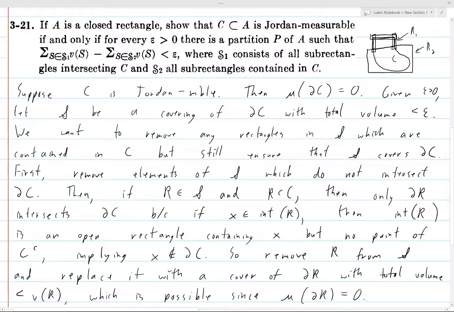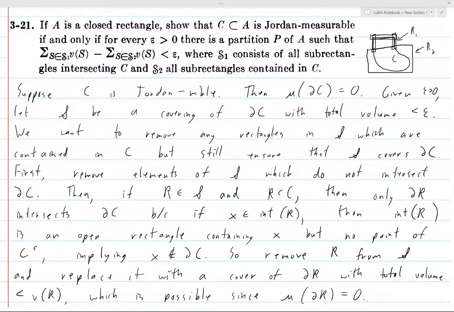I think this was an exercise: the fact that the boundary of a rectangle has measure 0. And if it wasn't an exercise, you can go ahead and prove it. Basically the idea is you just cover each edge of the rectangle with a rectangle which is as thin as you want.